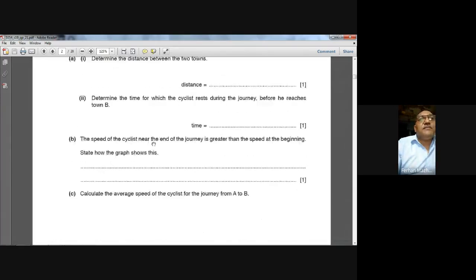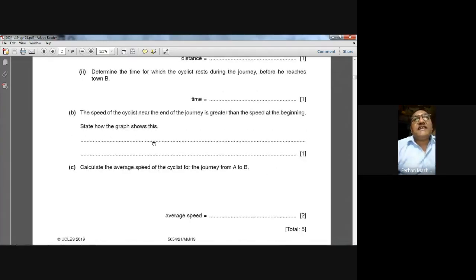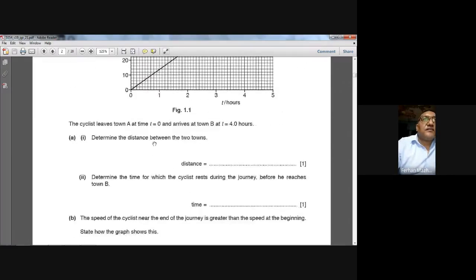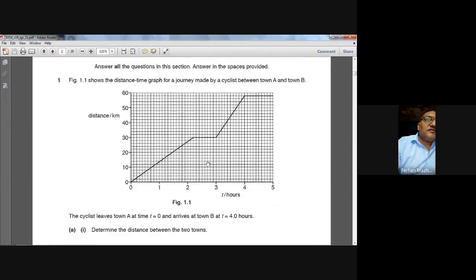The next part, B: the speed of the cyclist near the end of the journey is greater than the speed at the beginning. State how the graph shows this. Look at the portion of the graph here and the portion here. This second portion looks steeper, or its gradient is larger.